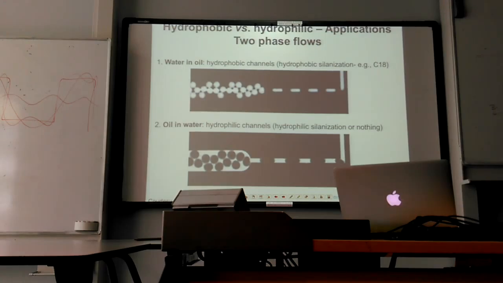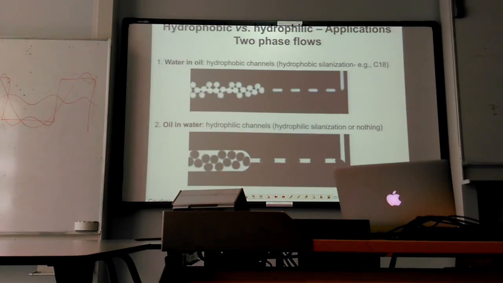But you can also do the contrary: you can say, I care about having droplets based on oil, and then your continuous phase will be water or aqueous phase. In that case, you're really happy to have channels which are highly hydrophilic. So you may still want to do some hydrophilic silanization and add a silane, and if you want a silane which is hydrophilic, typically you will work with something with an amino group.